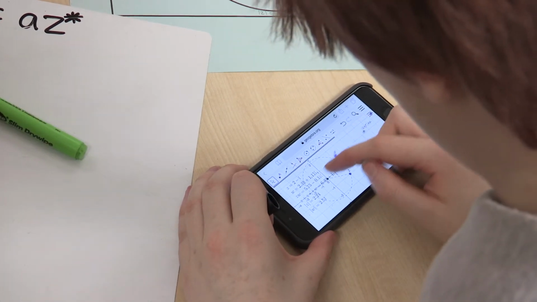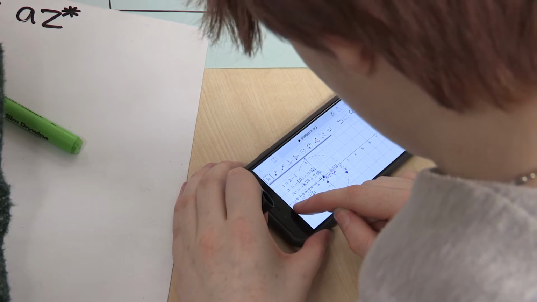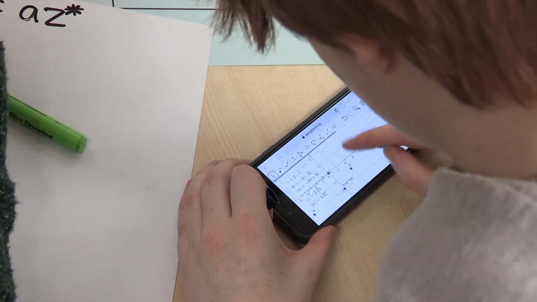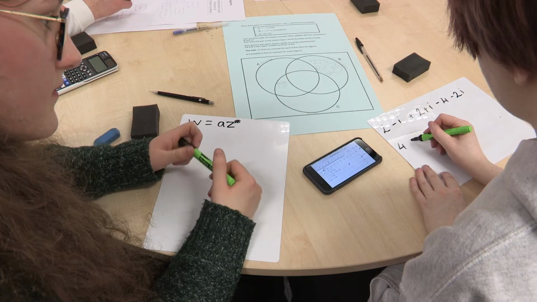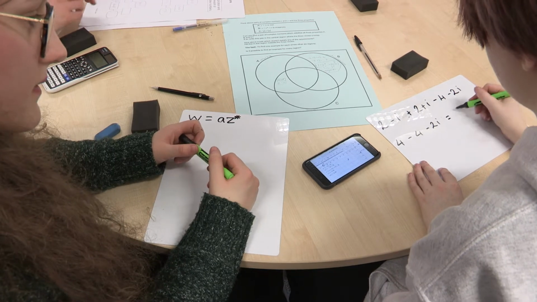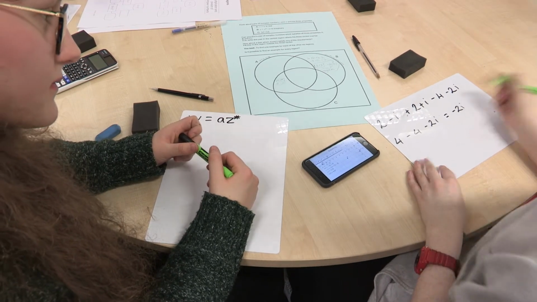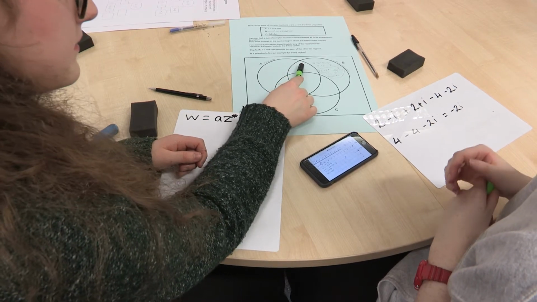If you did it minus 4 and minus 2, does that work? Yes, it does. So 4 minus 2i, which then equals minus 2. So that works for A and B. Do you want to write it in?